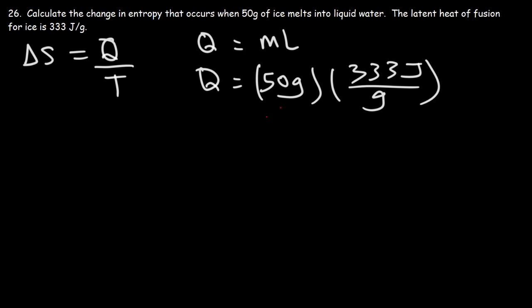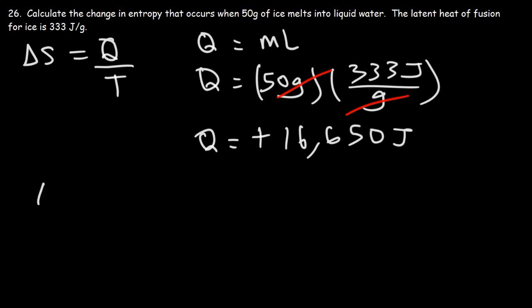So to melt 50 grams of ice, it's just going to be 50 times 333. So the heat absorbed is positive 16,650 joules.